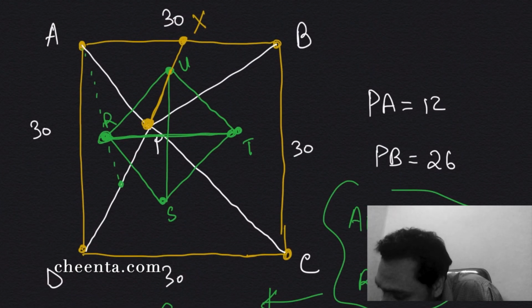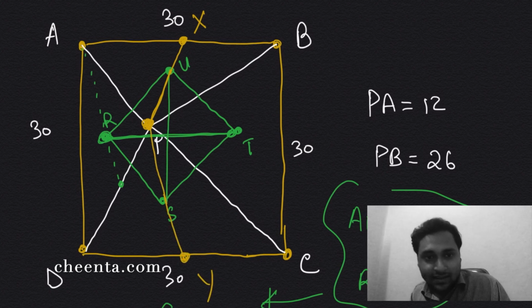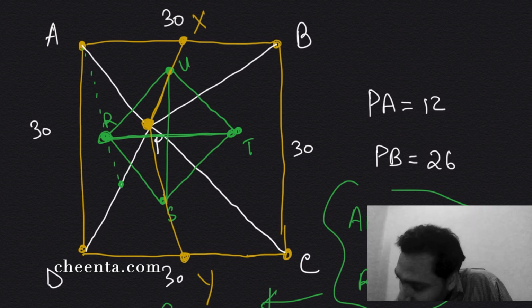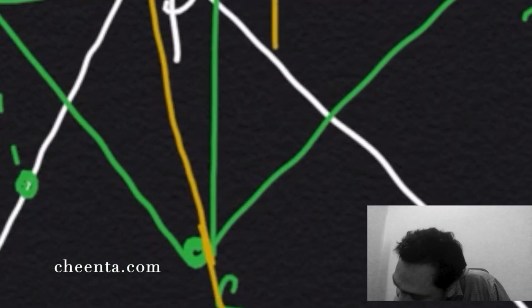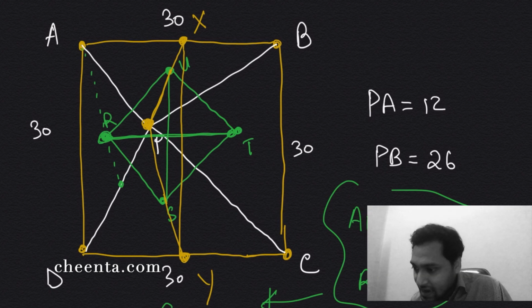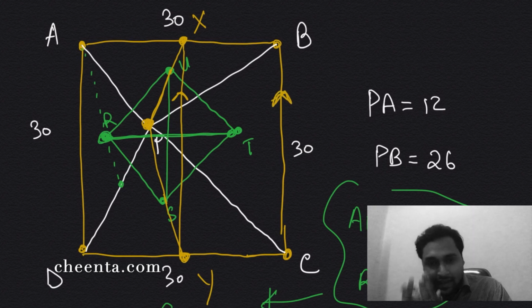Similarly, I can join PS and produce it to hit the midpoint of CD, let's call that point Y. Now let's join XY. So X is the midpoint of AB, Y is the midpoint of CD, and we join XY. So this line XY is parallel to BC. You can easily check that if you join the midpoints of opposite sides of a square, that line becomes parallel to the side of the square. So XY is parallel to BC.